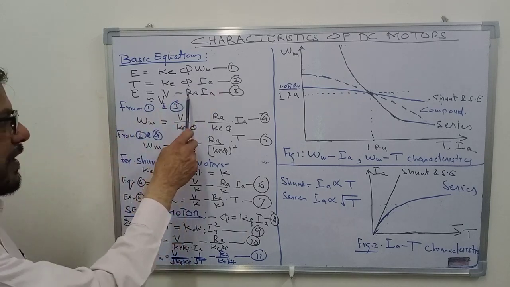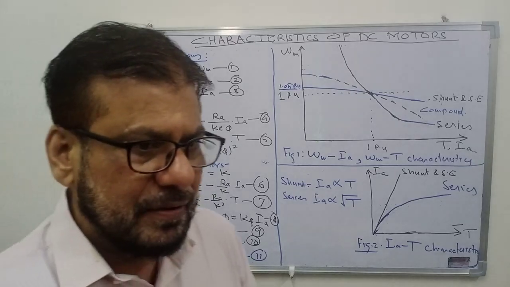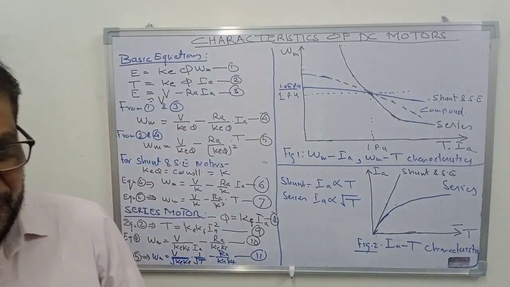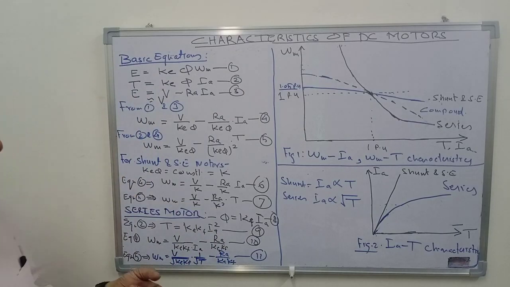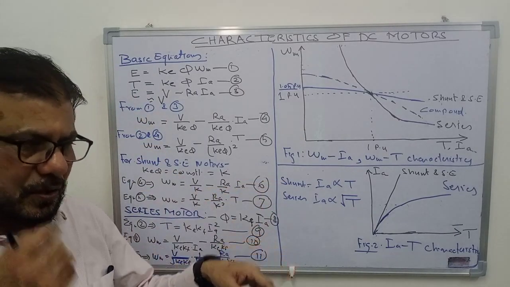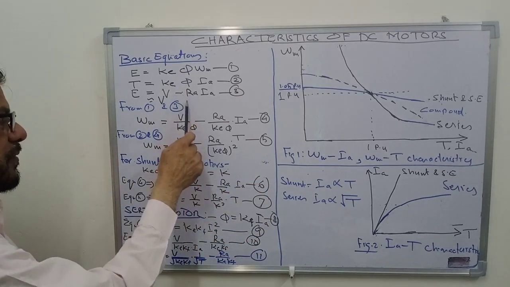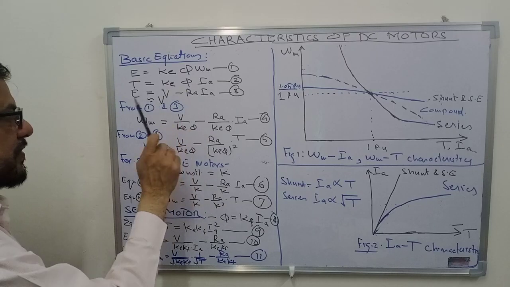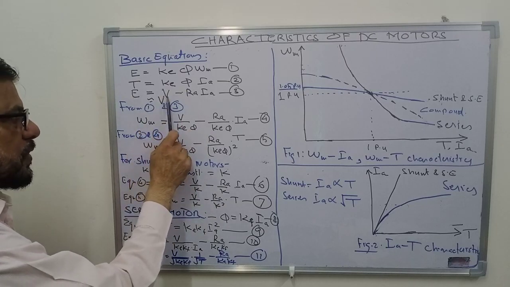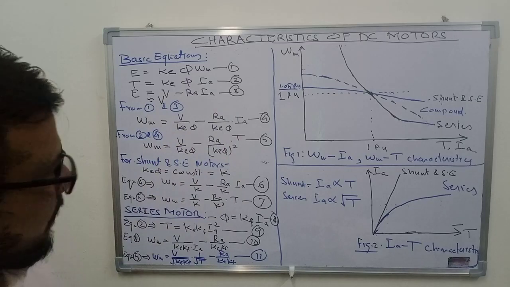This resistance Ra includes the resistance of armature winding, resistance of brushes, and resistance of series winding if it is there in the case of a series motor. So all the resistance in the circuit of armature is known as armature circuit resistance. So E will be equal to supply voltage minus the drop in the armature circuit resistance.